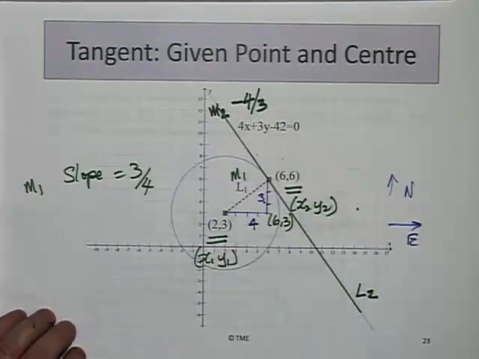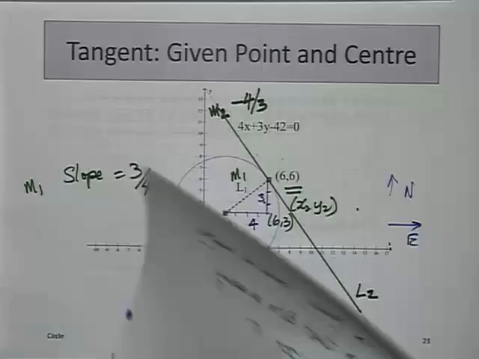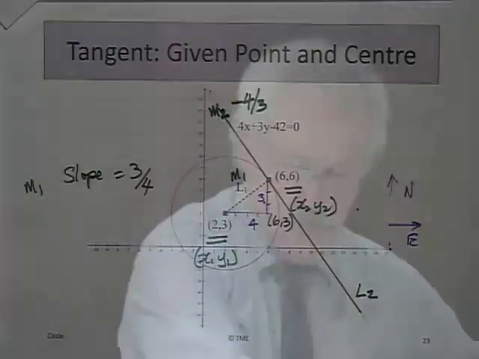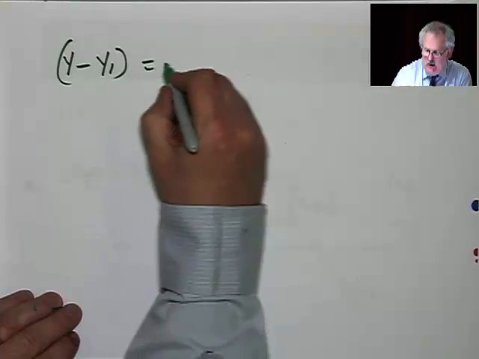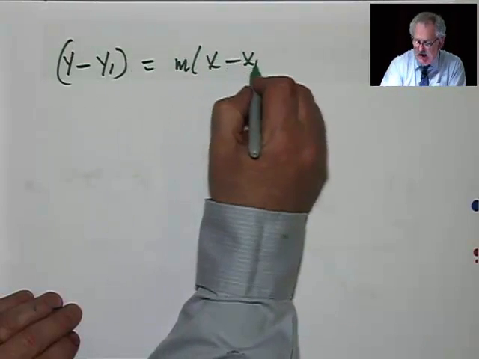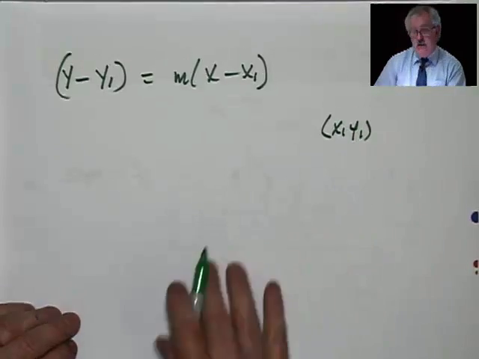That's M2. If we look this up and we do some calculations, there's a formula given to us for the equation of a line given the slope, and it says y minus y1 is m times x minus x1. We know the point x1, y1 is on it.